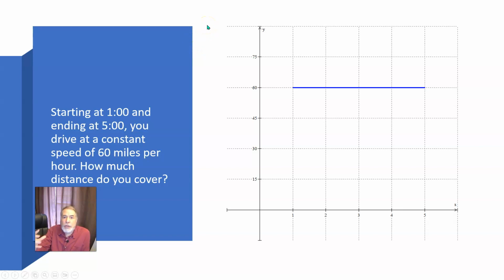Suppose that starting at 1 o'clock and ending at 5 o'clock, you are driving at a constant speed of 60 miles per hour. How much distance do you cover? Well, remember, your distance is just the rate of speed times the amount of time. Miles per hour times hours.